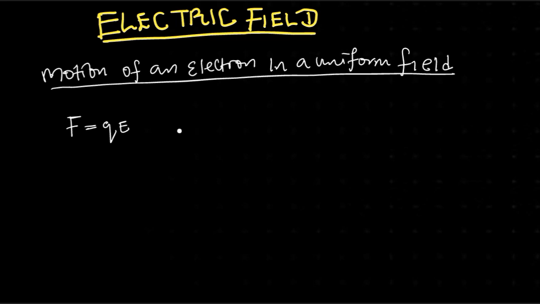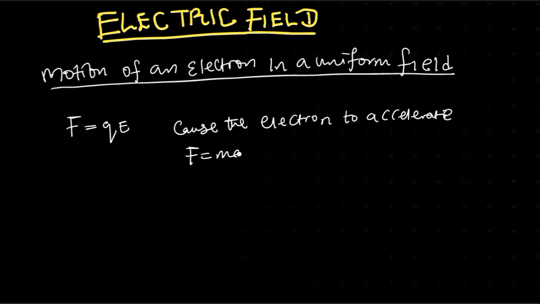That force will cause the electron to accelerate according to Newton's second law of motion, that is F is equal to ma. So we can equate both of them and say QE is equal to ma, and therefore a will be equal to QE over m.